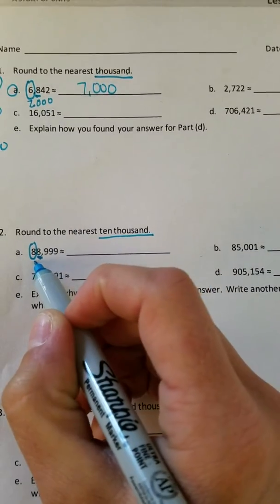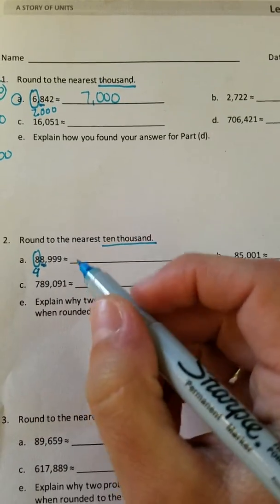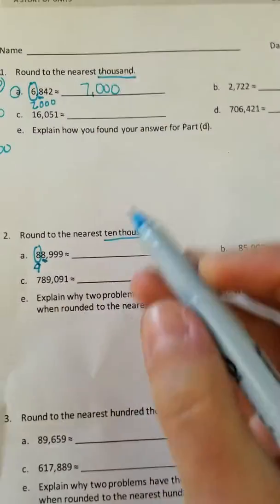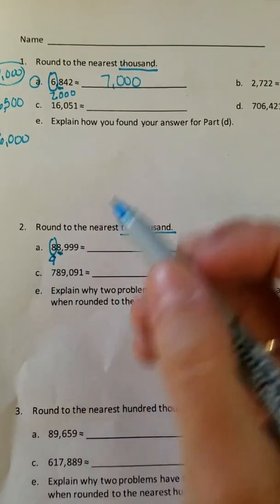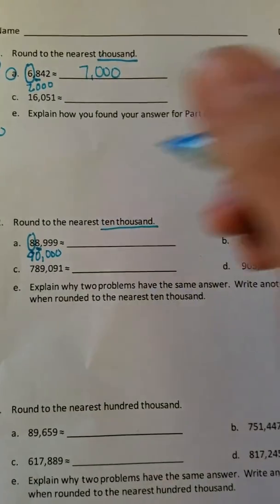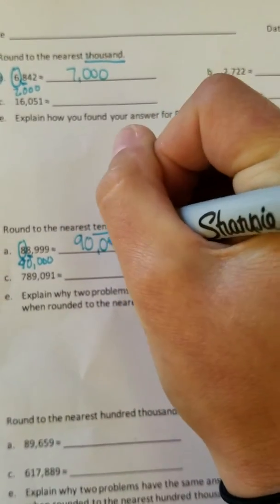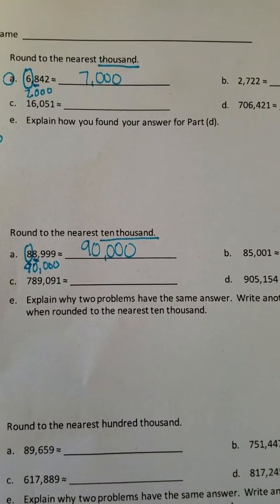So I'm going to make this a 9 since I'm adding 1 because that number is an 8. It's 5 or higher. So keep going through the rap. Now flex your muscles just like a hero. Digits to the right turn into zeros. All the other numbers stay the same. And there we've got our answer, 90,000. You're a winner in the rounding game.